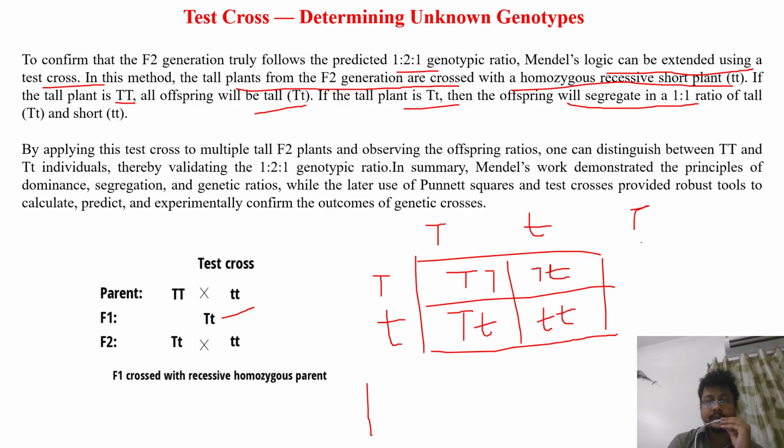let's draw a Punnett square here. This is a capital T, here is a small t, here is a small t, here is a small t.